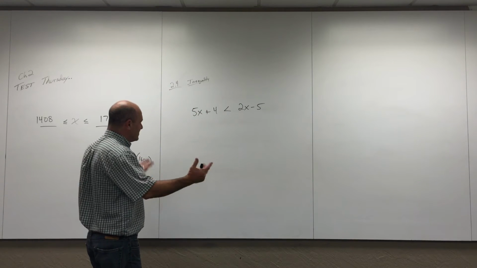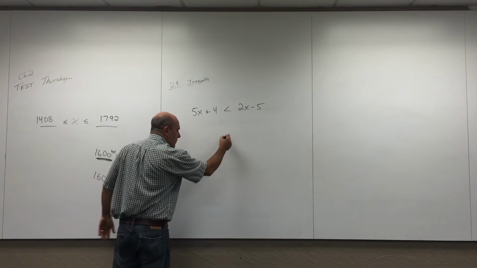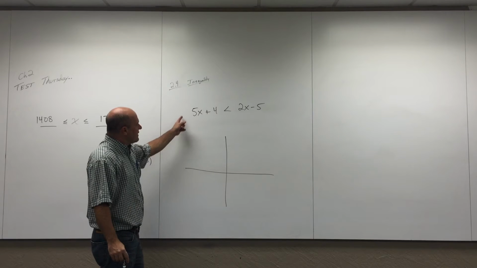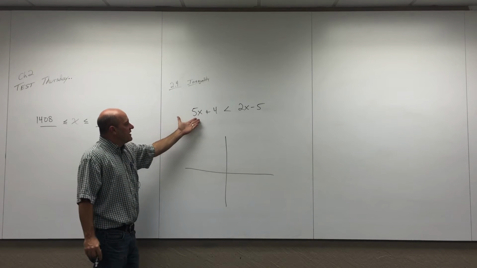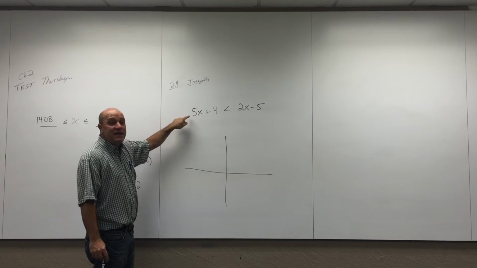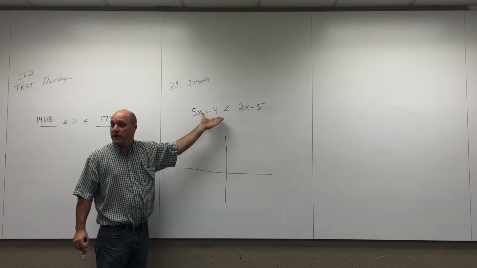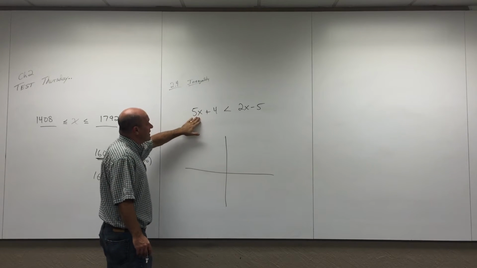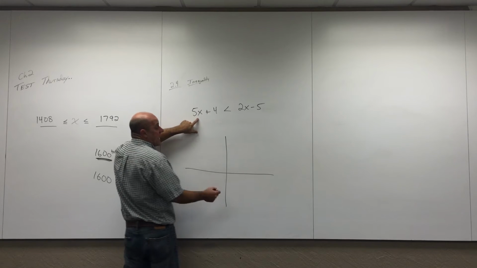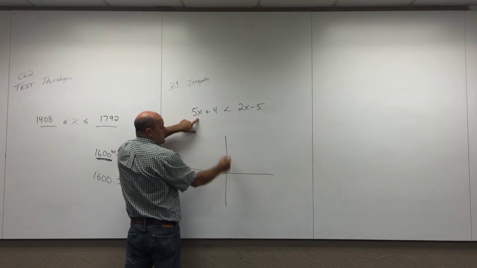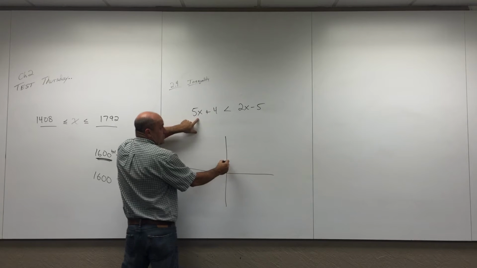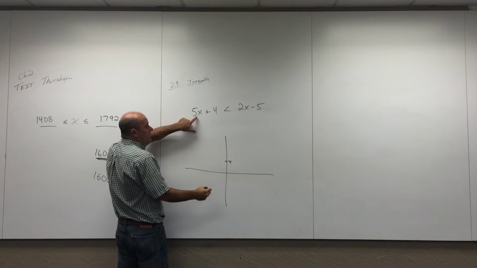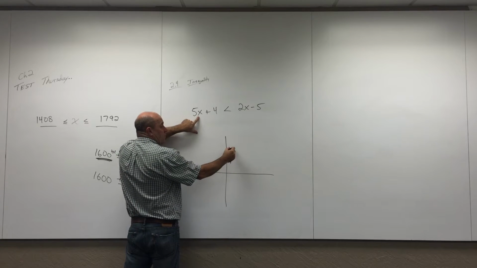They say, let's do some graphing. Now, hold on, let's follow this a second. You could think of this as a line. Now, I know it doesn't say that, but you could think of this as y equals 5x plus 4. Then it's a line that has a y-intercept of positive 4 and a slope of up 5 and over 1.